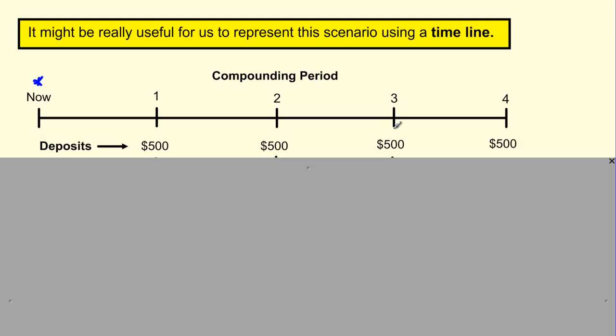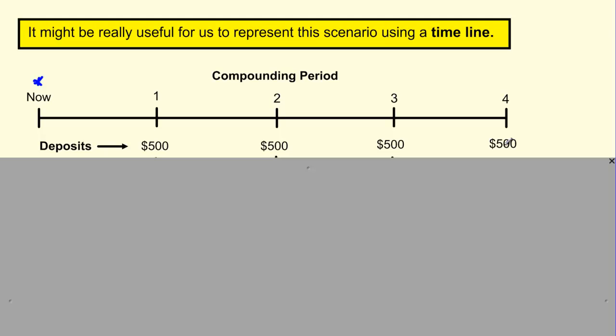The same at the end of the 3rd year, and the same 4 years from now. So 4 different deposits of $500. It's safe to assume, I guess, that he will have at least $2,000 in his account at the end of the year, or at the end of 4 years.